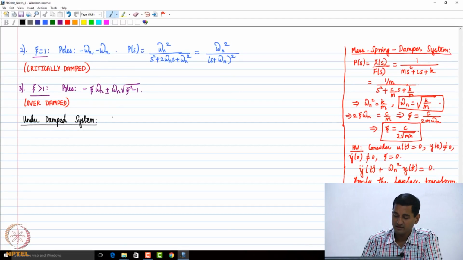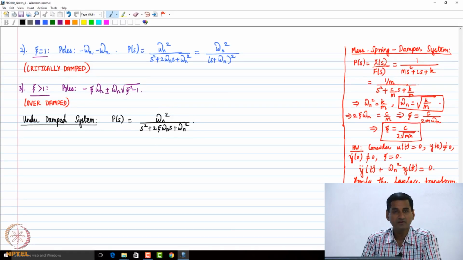So underdamped system means P of s is going to be once again omega n squared divided by s squared plus 2 zeta omega n s plus omega n squared. Please remember the poles are at minus zeta omega n plus or minus j times omega d.